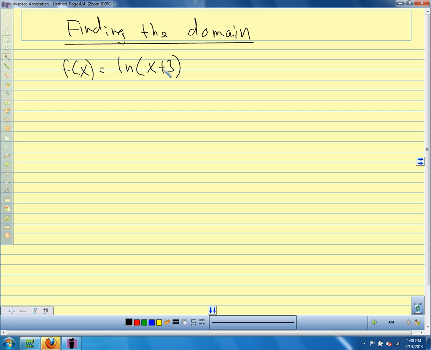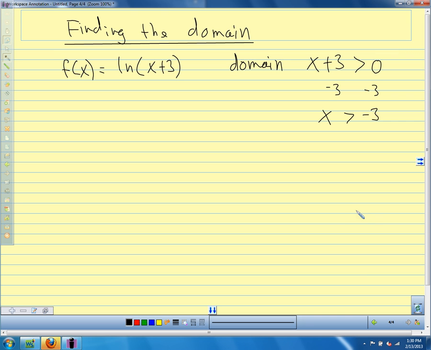Greater than 0. So the domain of this function is x plus 3 greater than 0. Solve for x. Subtract 3, x greater than negative 3.